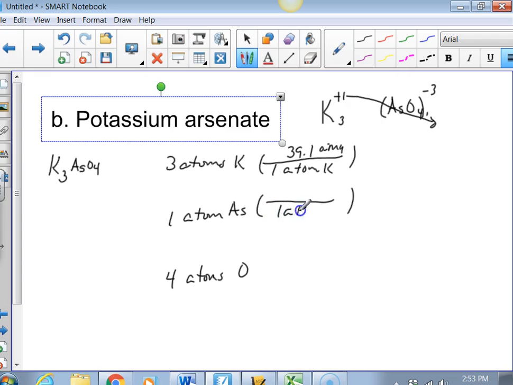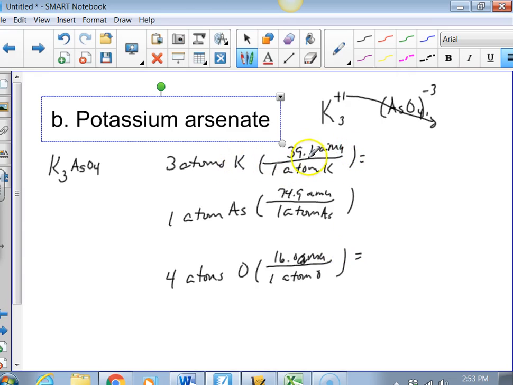Every 1 atom of arsenic is 74.9 AMU. And then for our oxygen, for every 1 atom of oxygen, we have 16 AMU of oxygen.